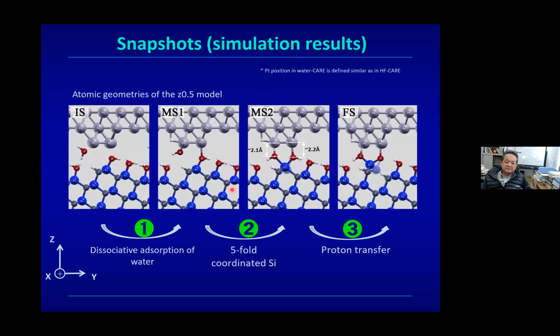And actually, we simulated this kind of situation. These are snapshots. As you can see here, a water molecule is put here as an initial state. And we found that at the metastable state, we observe the hypervalent situation here as expected. And then the back bond was broken, as our expectation.